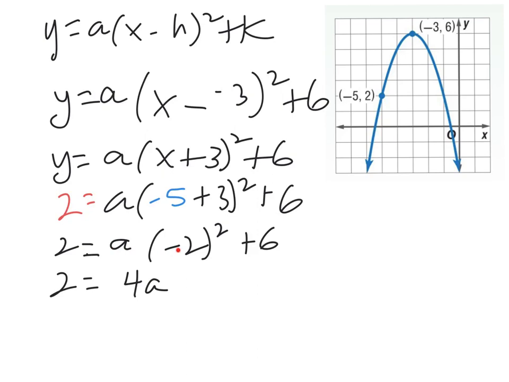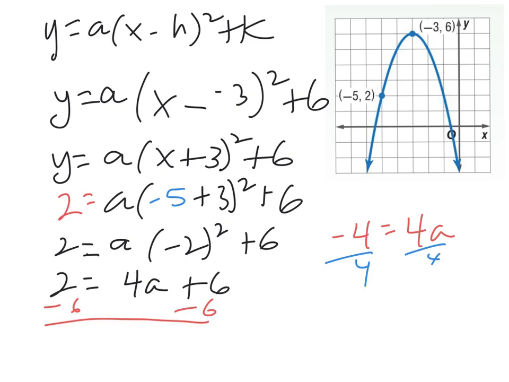We put the 4 in front. Okay, plus 6. Now I'm just solving a two-step equation at this point. So, subtract 6 from both sides. I get negative 4 equals 4a. Now I have to divide both sides by 4. And a equals negative 1.